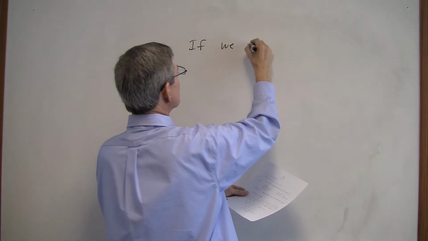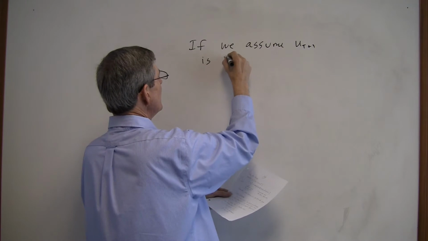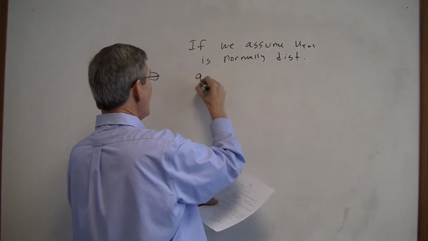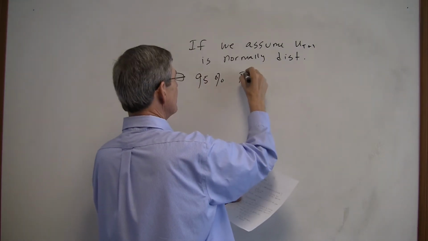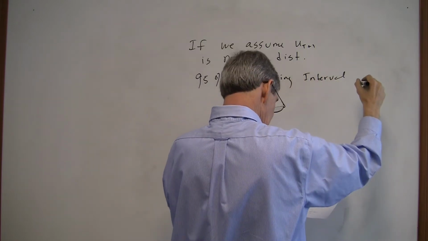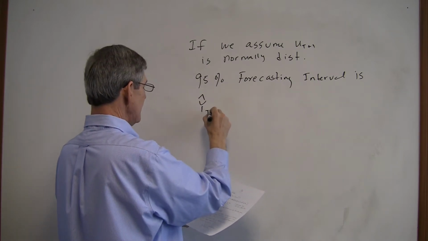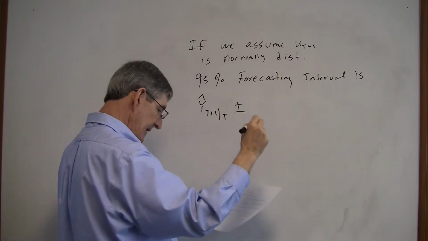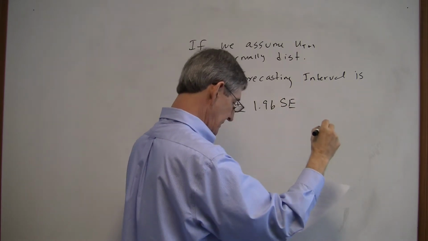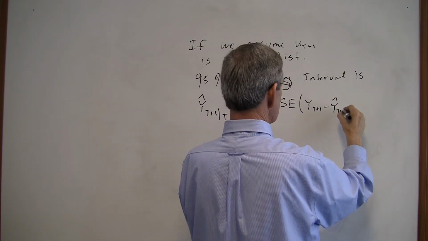If we assume u_{t+1} is normally distributed and homoscedastic, the 95% forecasting interval is y hat_{t+1|t} plus or minus 1.96 times the standard error of y_{t+1} minus y hat_{t+1|t}.